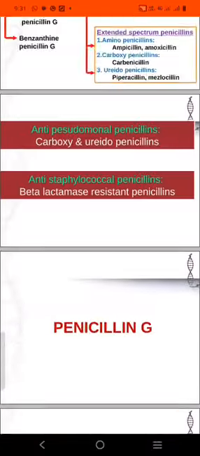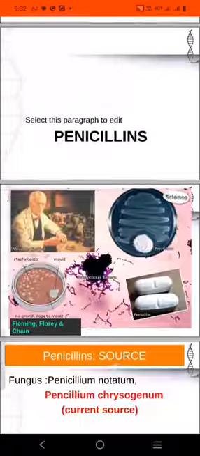If we see the main points again, penicillin is a narrow spectrum antibiotic produced by Penicillium notatum, and it is effective for gram-positive bacteria. What do you mean by beta-lactam antibiotics? Penicillins, cephalosporins, carbapenems and monobactams. All these drugs are cell wall synthesis inhibitors.